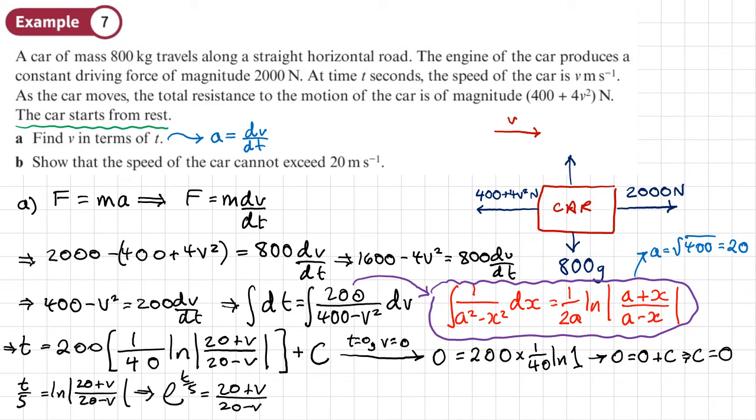We'll times both sides by 20 minus v, so I'll have 20 e to the t over 5, hope you can see that there, minus v e to the t over 5 is equal to 20 plus v.